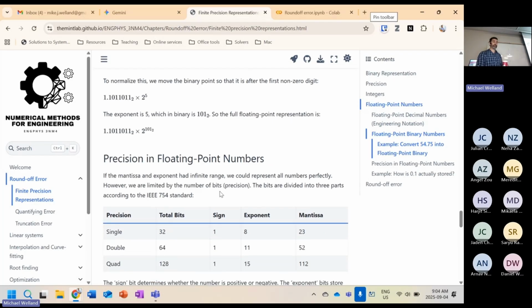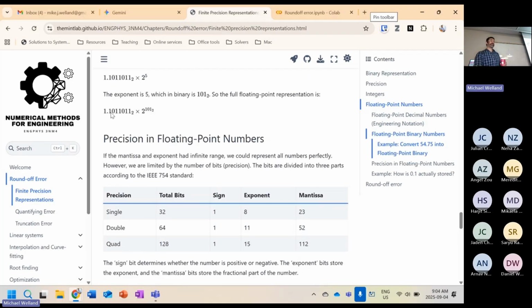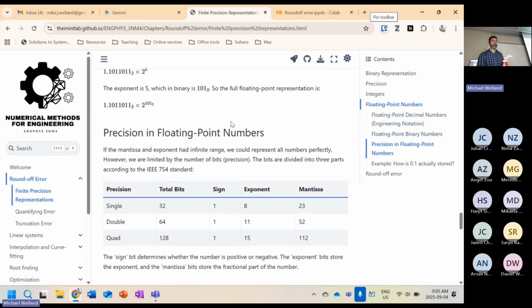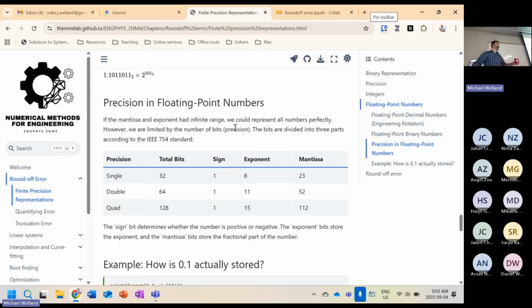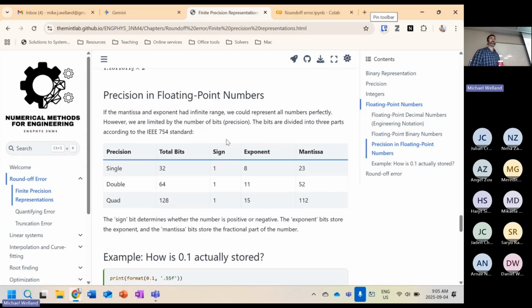Binary floating point. Given that the decimal point is always going to be after the first digit, we can now represent floating point binary numbers. If they had infinite range, we could always do infinite. But in general, this is again by convention and standard. There's nothing mathematical about this. It's all convention, right?